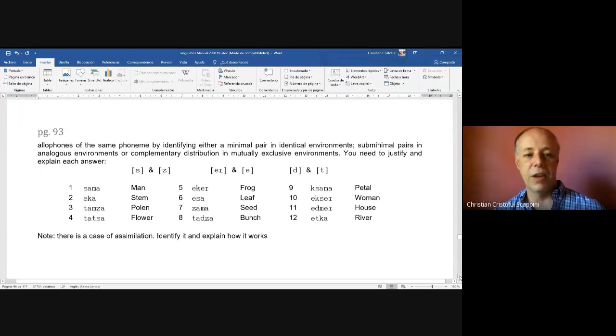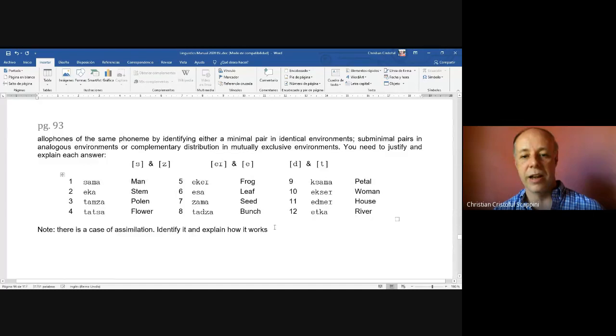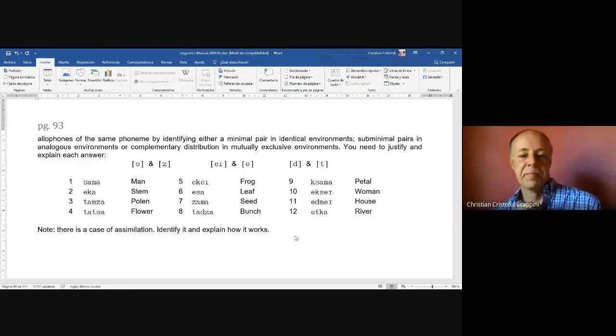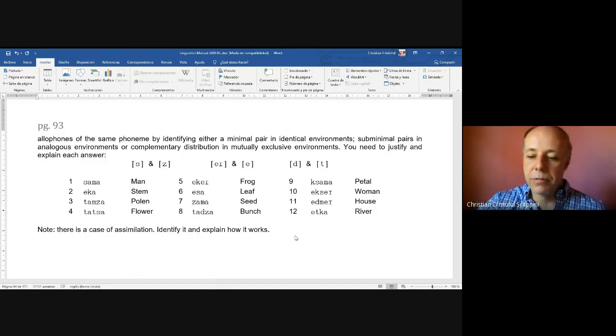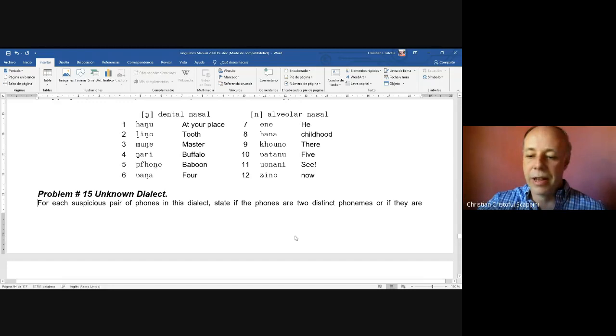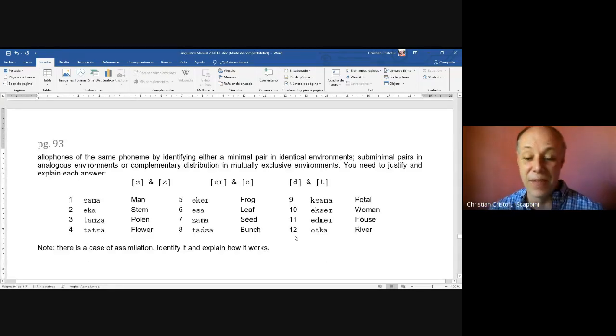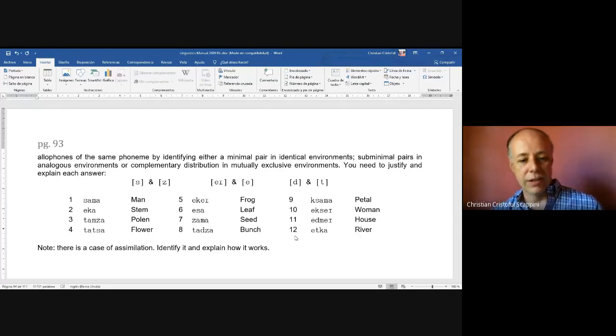There is a case of assimilation. Identify it and explain how it works. Okay. Here we have, is this 15? Yes, unknown dialect. Okay, I think it's an invented dialect. Yes.